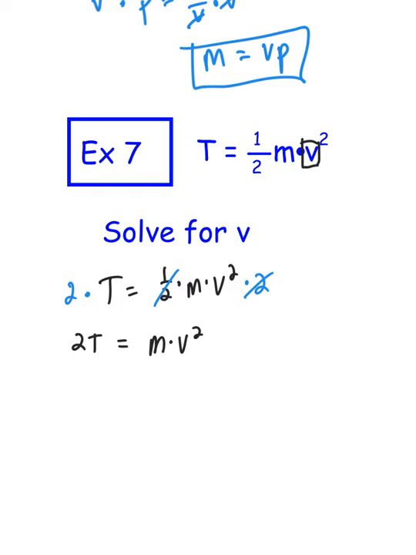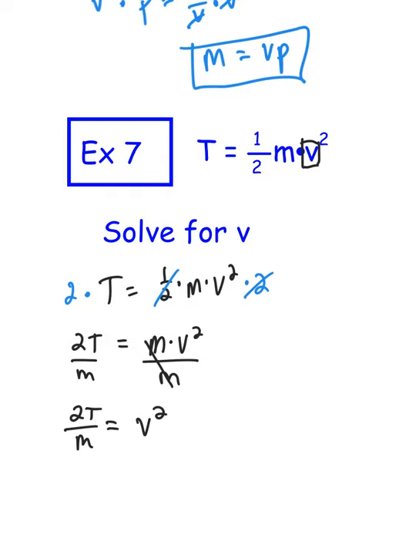And so I want to get rid of everything and just get it to V equals. The temptation here is to square root, but I don't want to do that right now because I have that multiplying by M. So I'm going to cancel out the multiplying by M by dividing by M on both sides. Those are going to cancel out now, and we have 2T over M equals V squared.